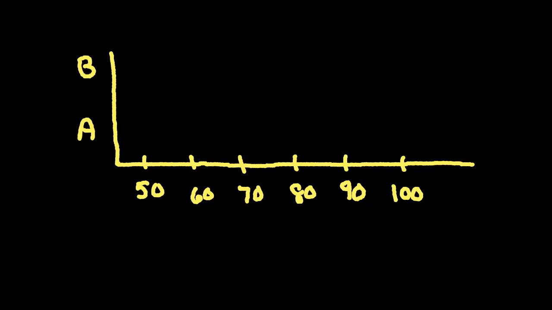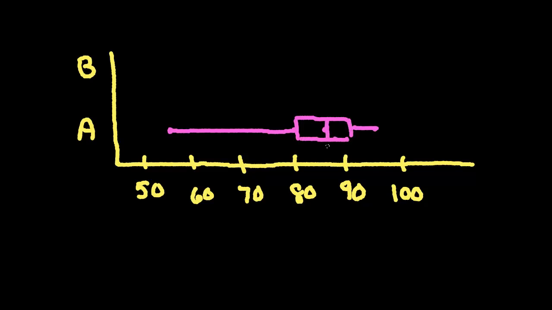And my first plot is going to start here at 55, and then my second dot is going to go at 80, and then at 85, and then at 90, and then at 95. So that's my 5-point summary. So I'm going to connect and make my box plot for class A.